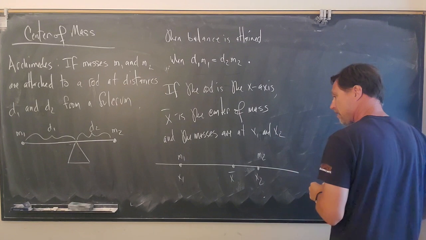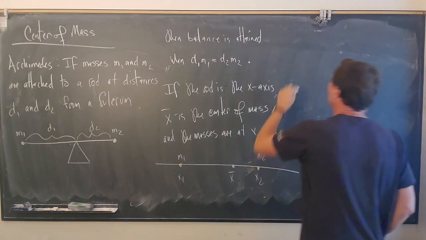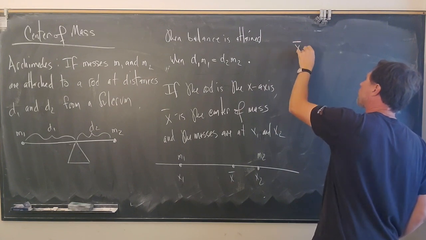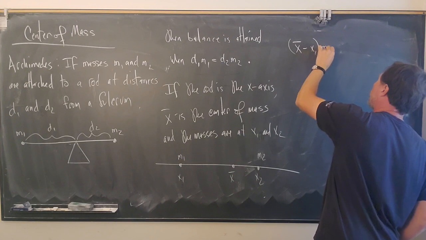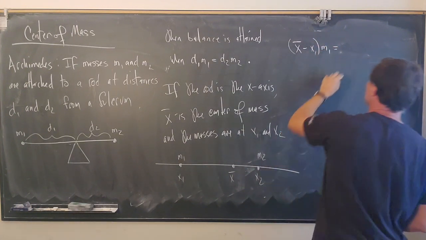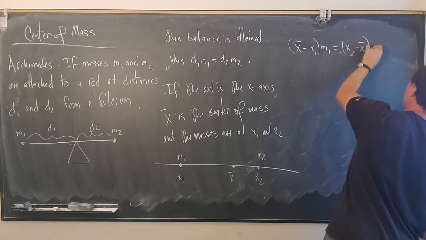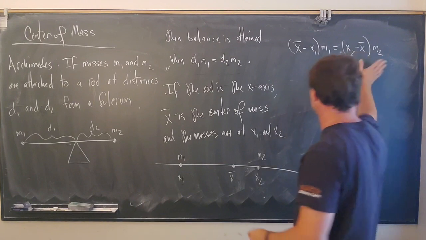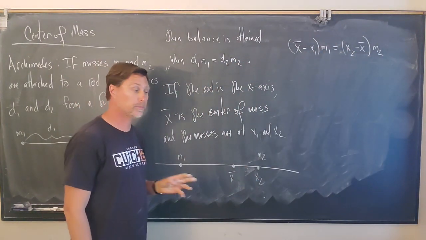The distance between x1 and x bar is x bar minus x1, times m1, and that has to equal the distance here, x2 minus x bar, times m2. So there is Archimedes' principle setup, based on this diagram.